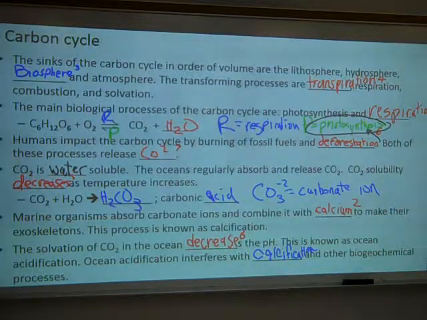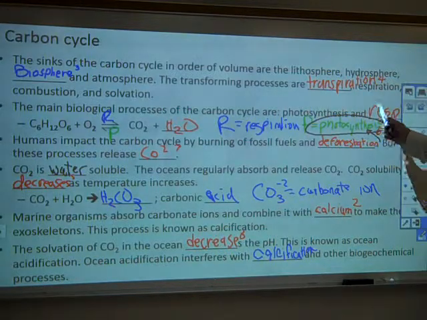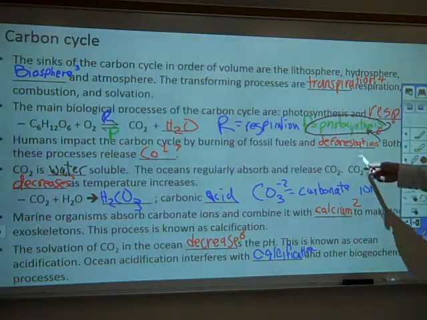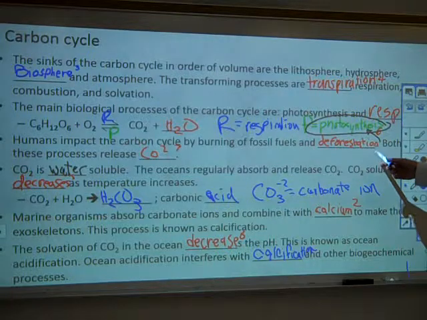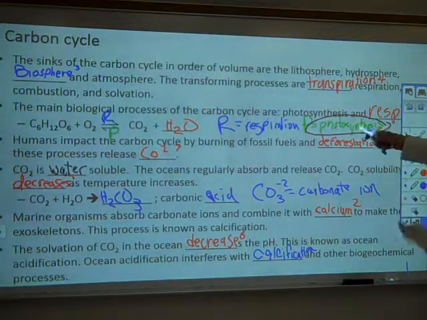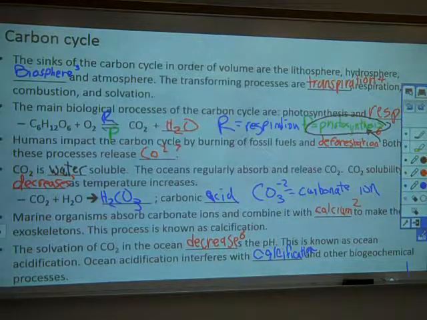Any questions about carbon cycles? So we've got the basic back and forth of respiration and photosynthesis. You've got the human impact, primarily burning fossil fuels, putting carbon dioxide in the atmosphere, and cutting down lots of trees, which also increases the CO2 in the atmosphere.